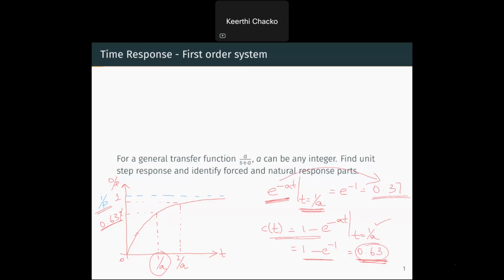Now, another specification of the response is rise time. Rise time is the time for the waveform to go from 0.1 to 0.9 of the final value.